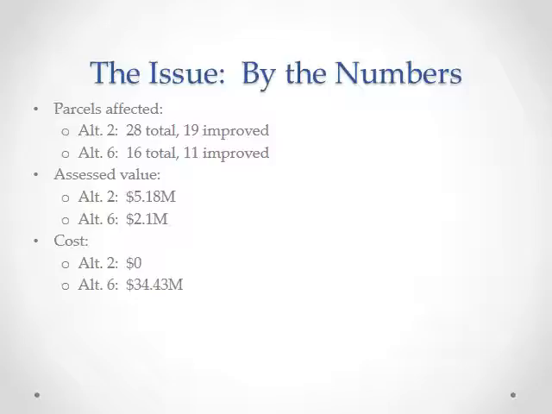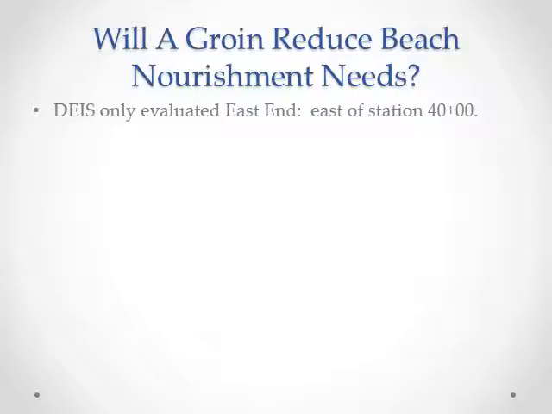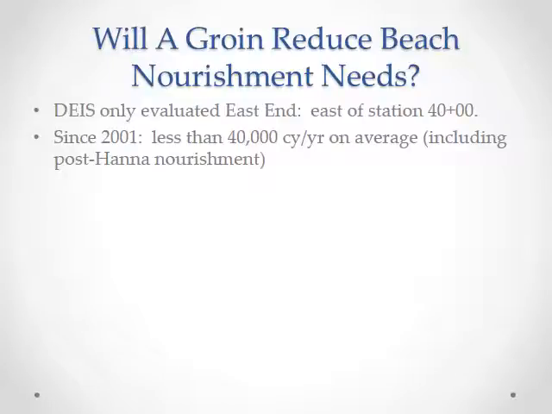Next slide, please. About nourishment: they summarize the last 15 years in the EIS, so we can look at the amounts. Looking east of Station 40, when you do the math, it's hard to get the exact number because some projects go a little farther than the east end as described, but it's less than 40,000 cubic yards a year of beach nourishment.